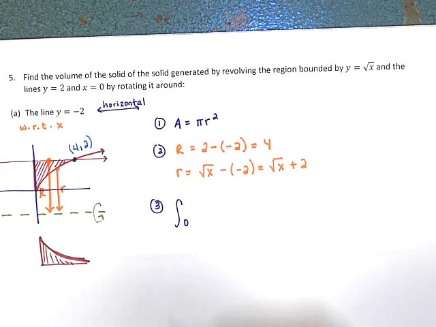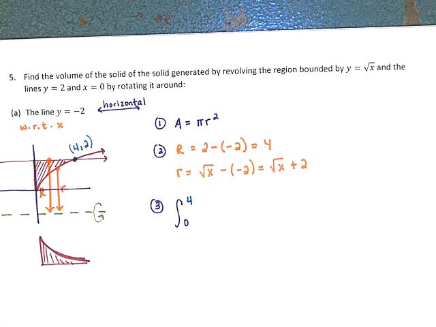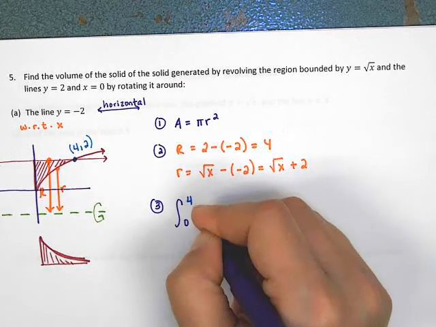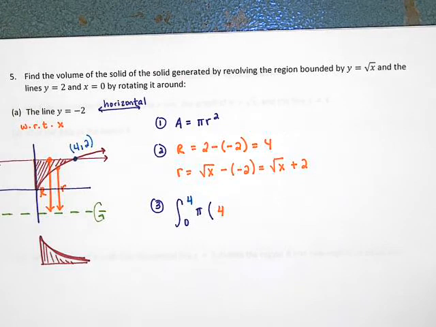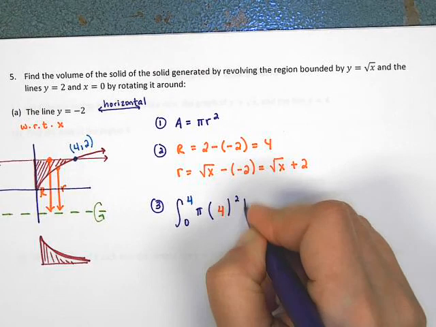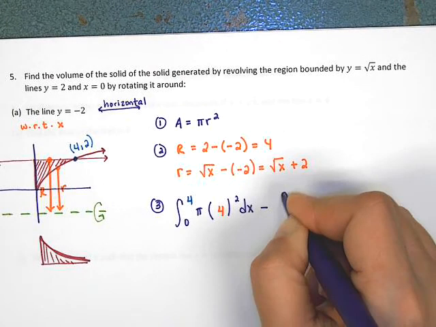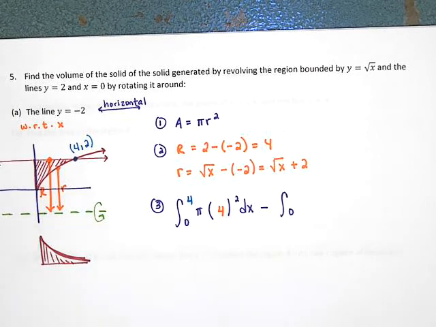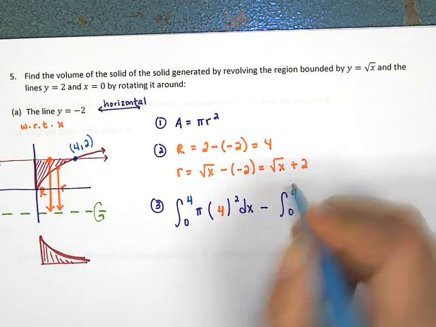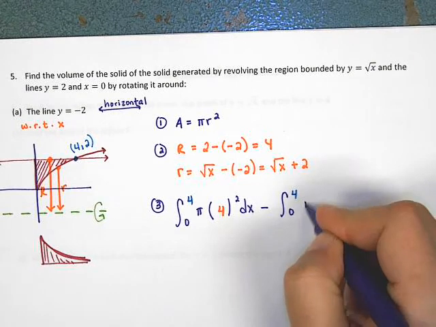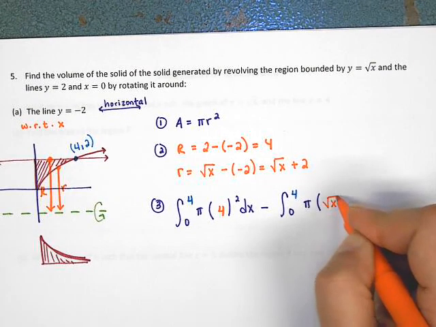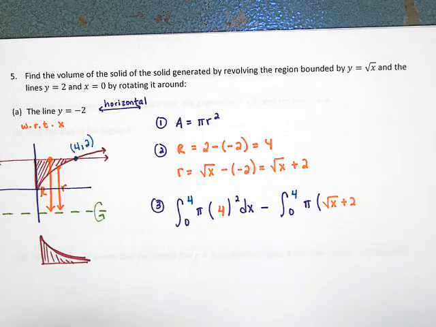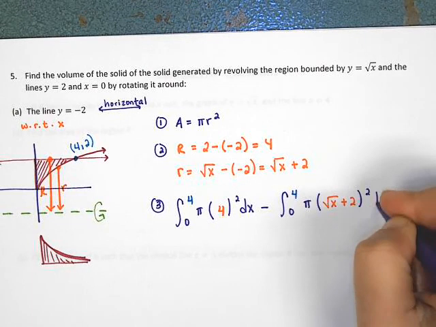So from 0 to 4, and then I'm going to have pi times big R, which is 4 squared, dx, minus the integral from 0 to 4, and then pi times little r, which is the square root of x plus 2, squared dx.